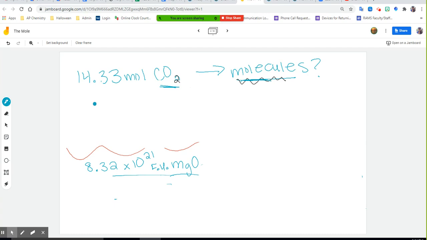All right. So when I have this, what I'm going to start with is just like yesterday. So I'm going to start with what they give me in the problem. So that 14.33 moles of carbon dioxide. Okay, we don't write in this box, but I'm going to bring my words down to the right. So I'm going to have moles of carbon dioxide right here.